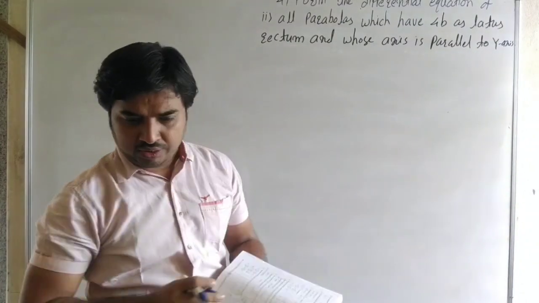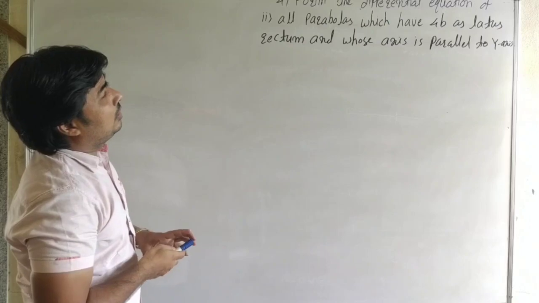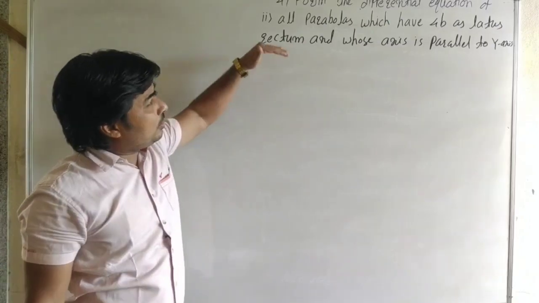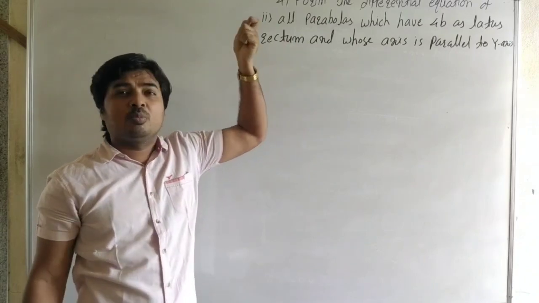Now we want to find the differential equation of all parabolas whose length of latus rectum is given, that is a fixed 4b.